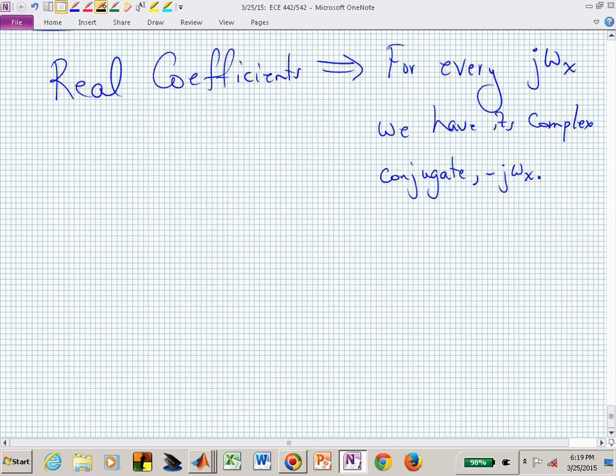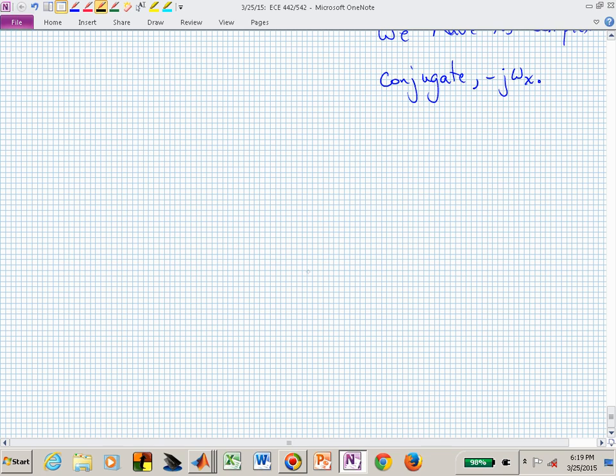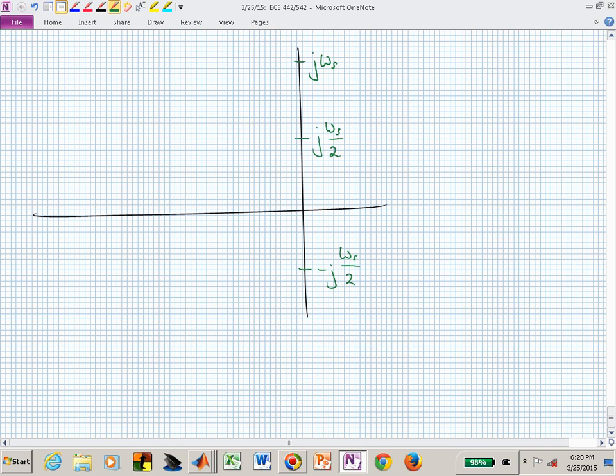So let's see what happens, in fact, if, suppose that we are looking at, here's j omega sub s over 2, and here is now j omega sub s, and we have the corresponding minus j omega sub s over 2 and minus j omega sub s.